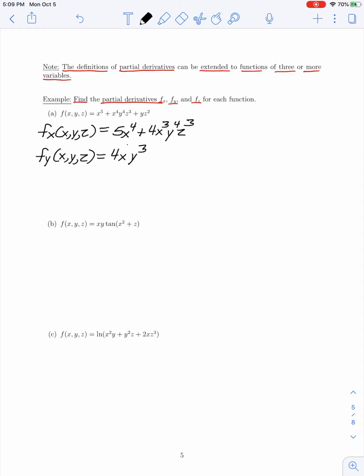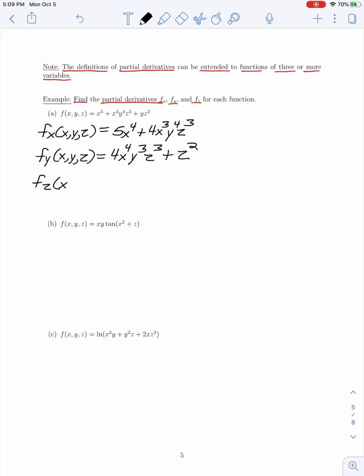So if I just multiply that 4 by my constant x to the 4 out in front, I have 4x to the fourth y cubed, and then with my constant z cubed on the end, plus the derivative of yz squared with respect to y would be 1 times the constant z squared.